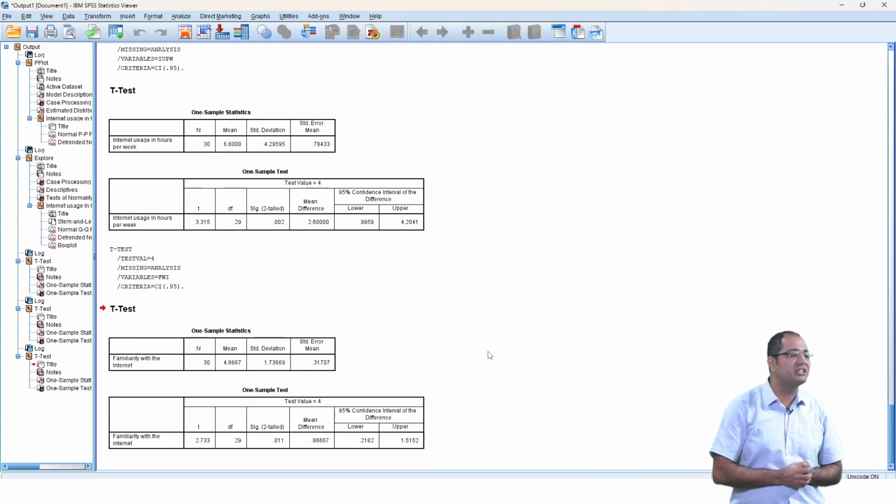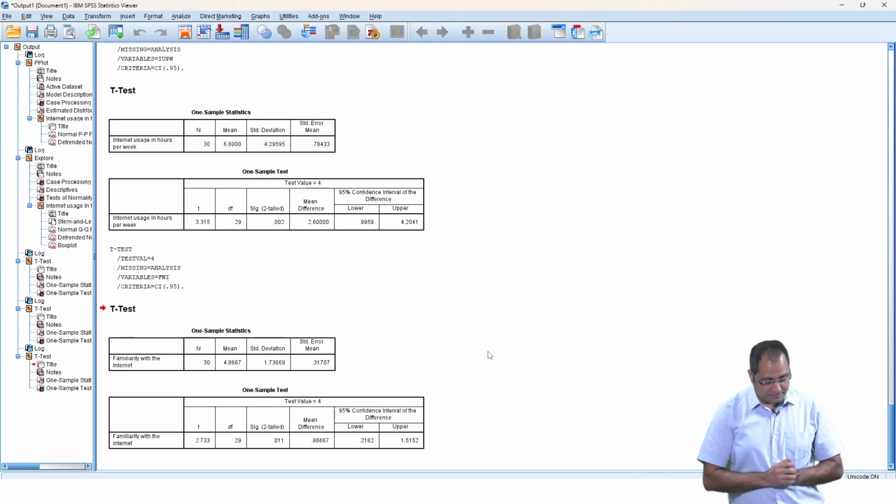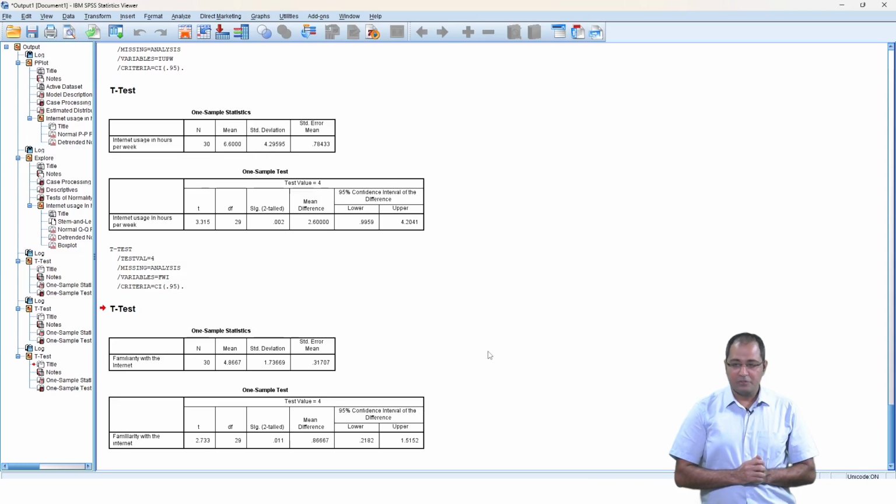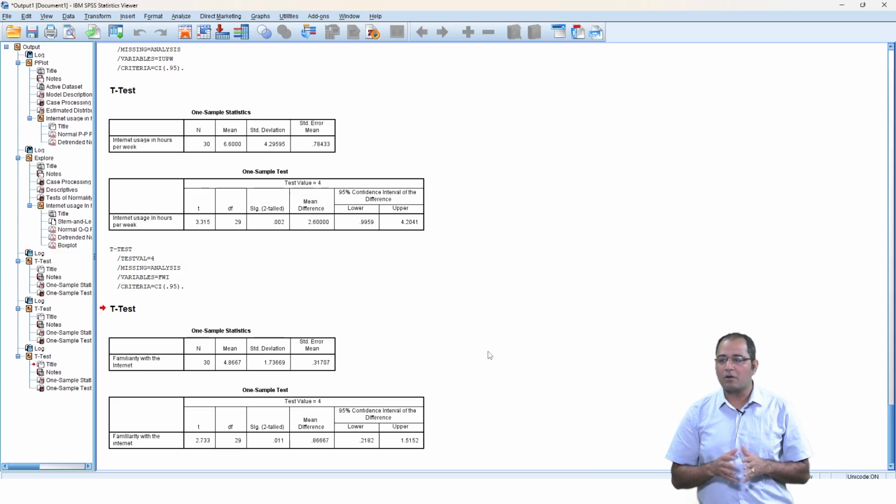Again, it is less than 0.05. So our null hypothesis was mu is equal to 4 and the alternate is mu is not equal to 4.